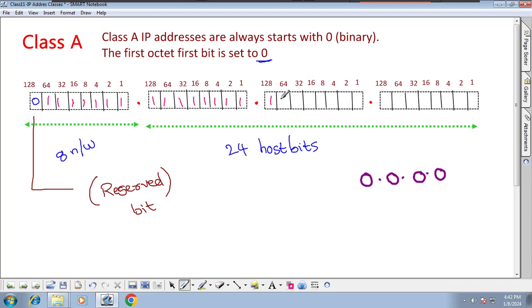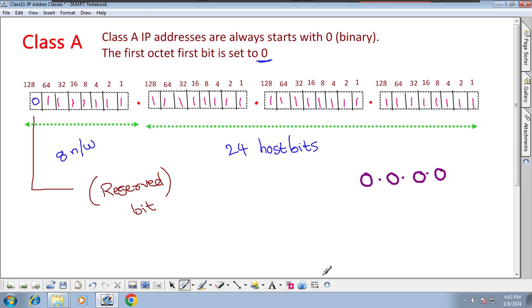If you don't understand, you have to watch this video again and again. If you understand the class A thumb rule, you will automatically understand the class B and C thumb rules. Once you understand these thumb rules, you will remember class ranges forever.